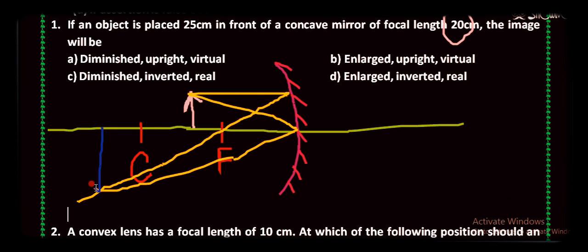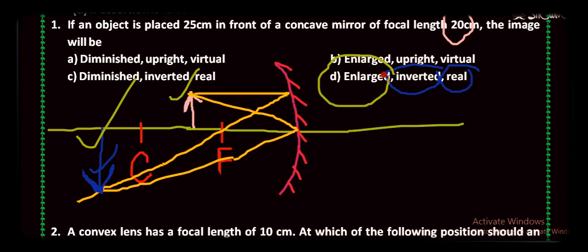You can see these rays are meeting, so the real image is formed. This is downward, this is upward, so this is an inverted image. Looking at the object and the image, the size of the image is increased. So the right answer will be, the image will be enlarged, inverted, and real.